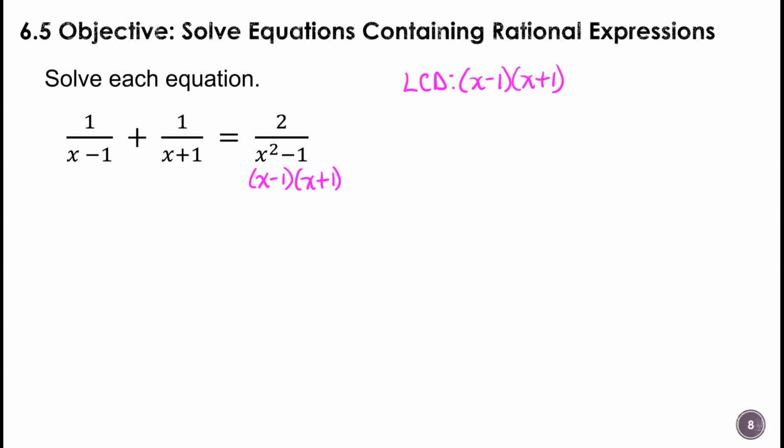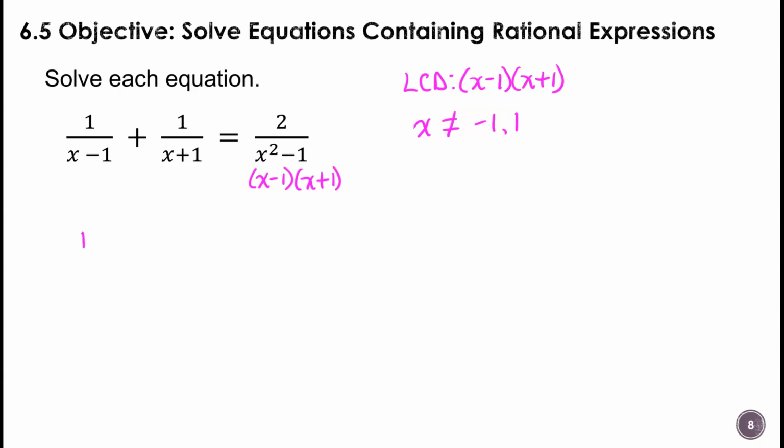And then we are going to multiply every term by this LCD. Also, x cannot be equal to a positive or negative 1, right? Because those two values would make one of my denominators 0. So if it makes any of them 0, we can't have that as a solution.